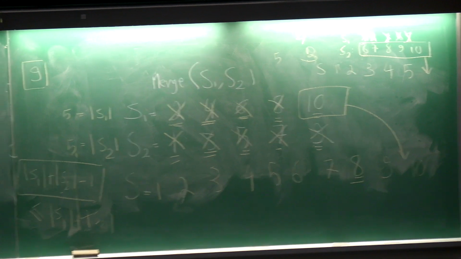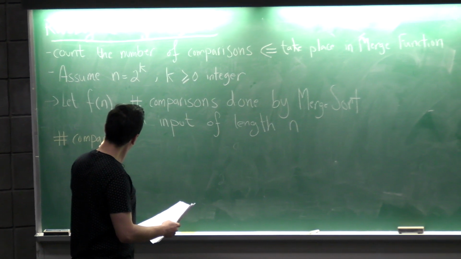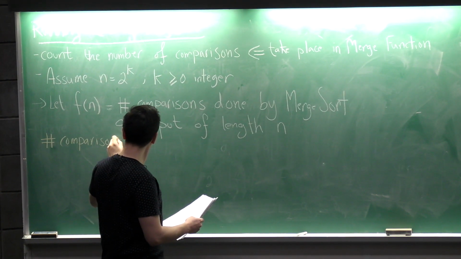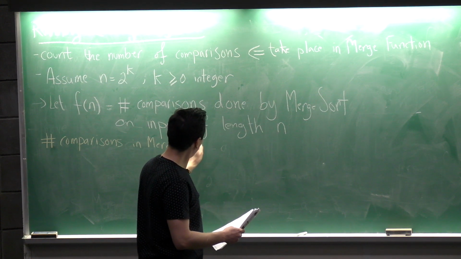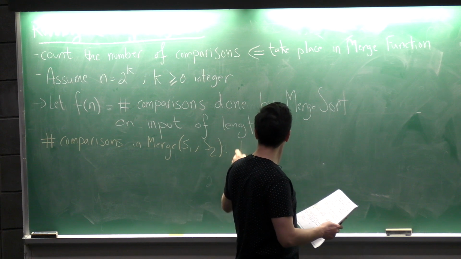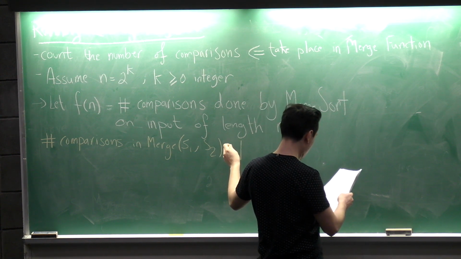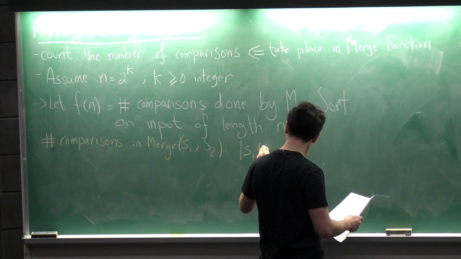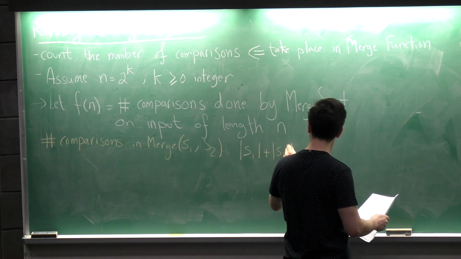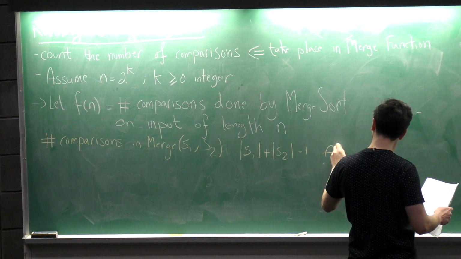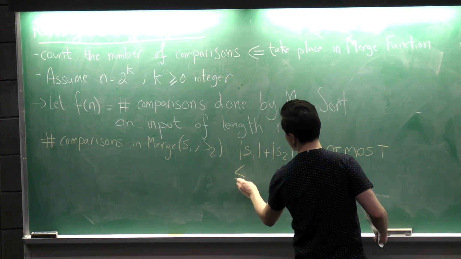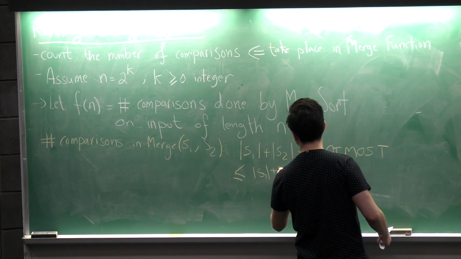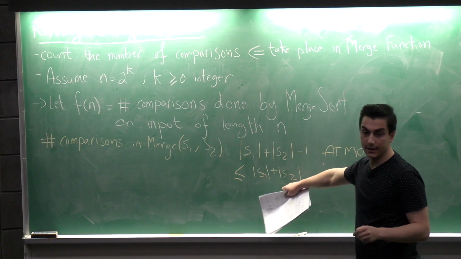So I'm just going to write it here, that the number of comparisons in merge function that takes S1 and S2 is going to be S1 plus S2 minus 1 at most, right? Which is obviously smaller than S1 plus S2. So we're just going to stick with this, right?